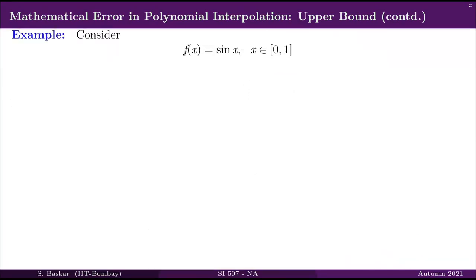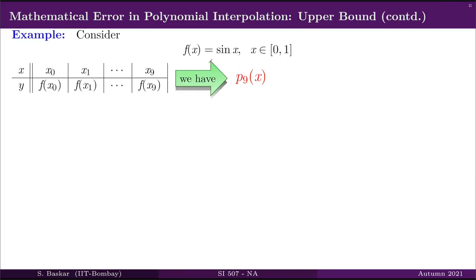Let us be more precise and take the function f of x to be sin x, an easy function to handle. Let us try to approximate sin x by the interpolating polynomial of degree 9, by giving 10 node points in the interval 0 to 1 and the corresponding function values at these nodes.